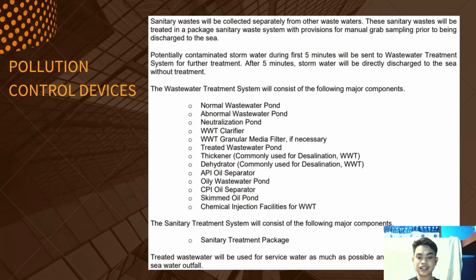The sanitary treatment system will consist of the following major component: sanitary treatment package. Treated wastewater will be used for the service water as much as possible and also discharged to the seawater outfall.